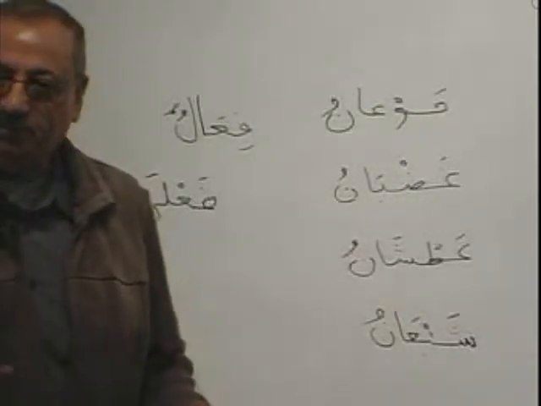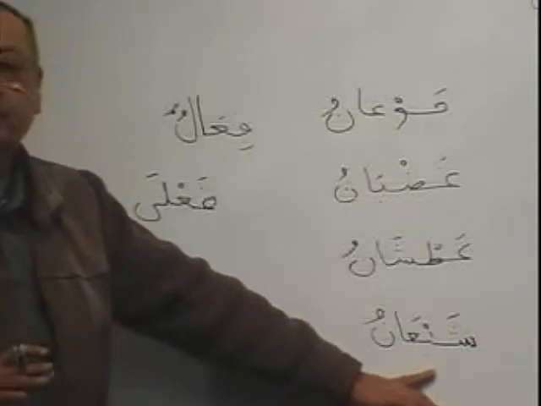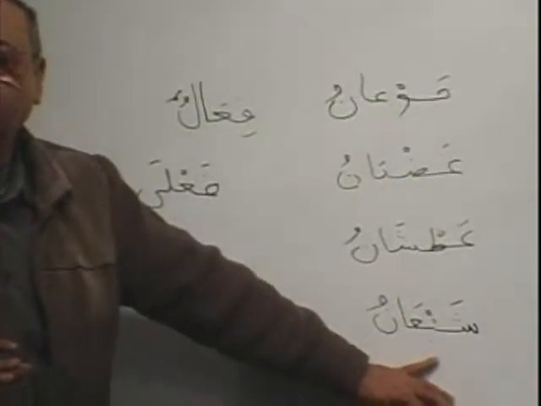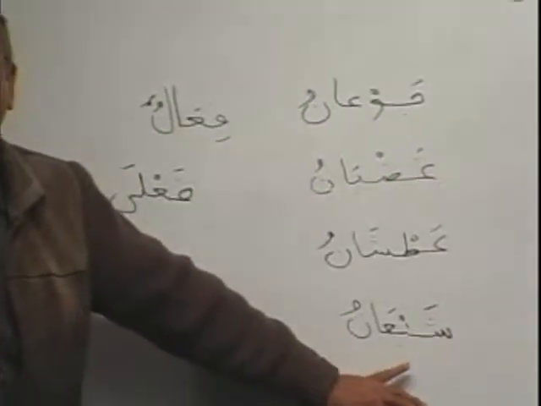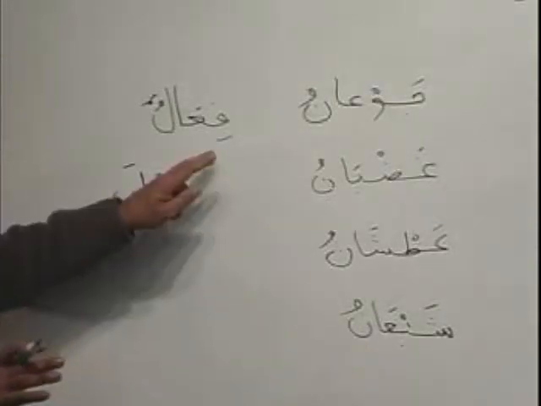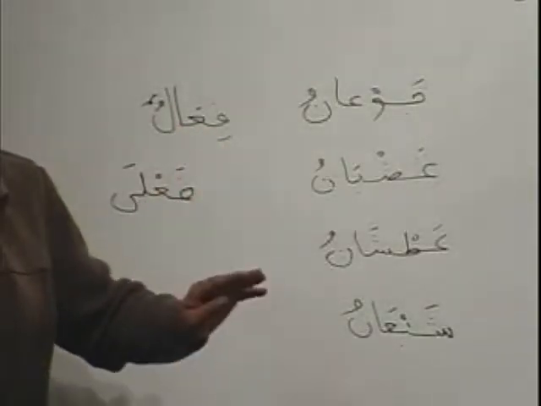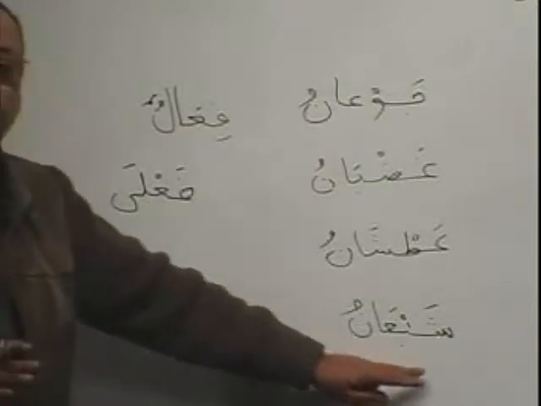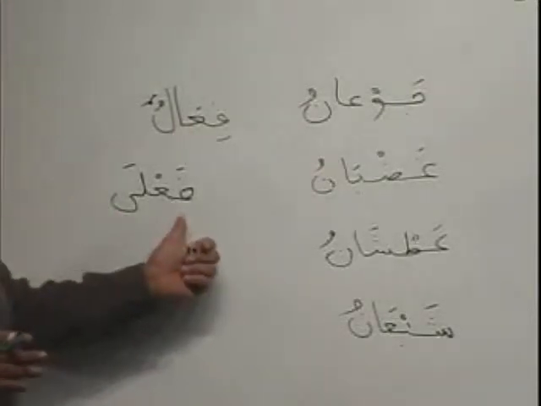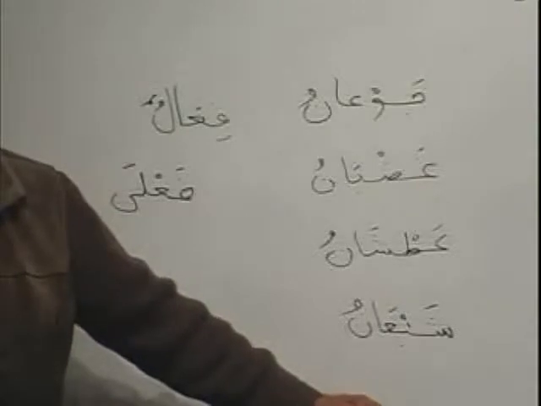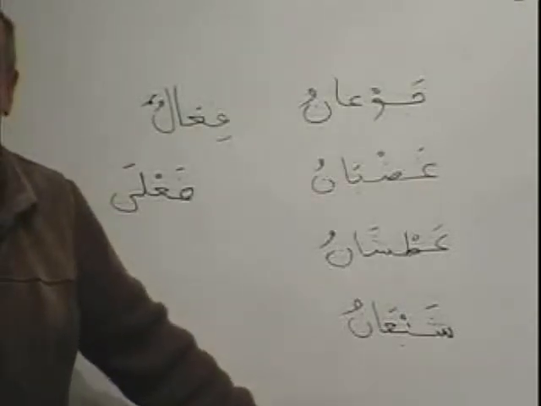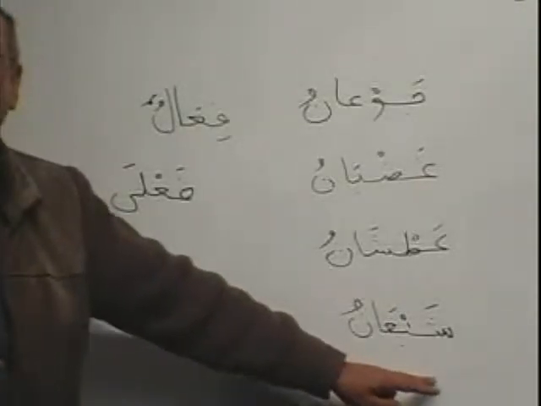Are you with me, brother and sister? So how will you make the fi'al from here? Shiba'. Just remember, fa'la, shiba'. And what will be the muannas on the pattern of fa'la? Shab'a. Got the idea? And what is the verb? Shabi'a. To be satisfied. Are you with me, brothers and sisters?